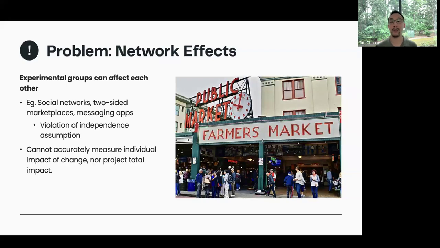This can cause riders in one group to start booking up more rides. But it actually depletes the supply of drivers, which negatively impacts the control group. Now your two groups are affecting each other. The results you get from such a test, which is the difference between the test and control groups, will not be a true indication of what happens when you fully roll out this feature.